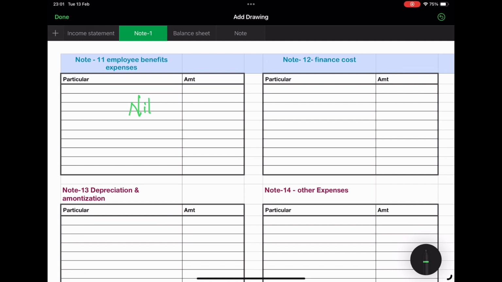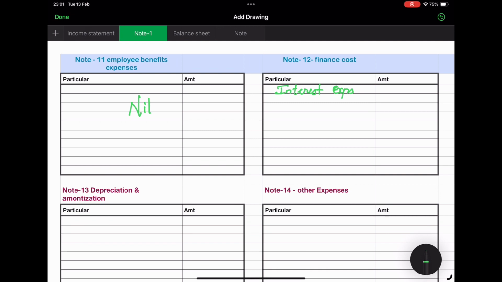Okay. Next, finance cost they have given. Yes, you have to write it 2 times, in the working note as well as in the format. In the note, under particular and amount, you have to write interest, what they have given in the question, interest expenses. Same way you have to write interest expenses.